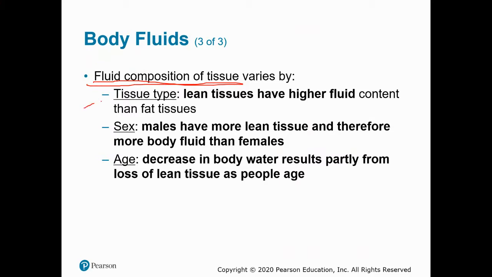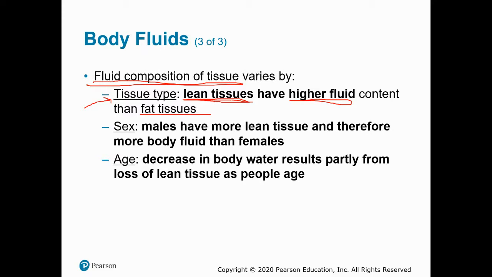So the type of tissue will influence the fluid composition. Certain tissues have higher fluid content than others, and specifically lean tissue, like muscle tissue, has more fluid in it relative to fat tissue.